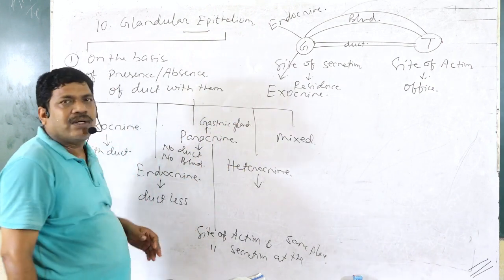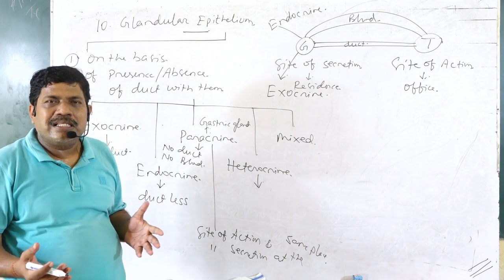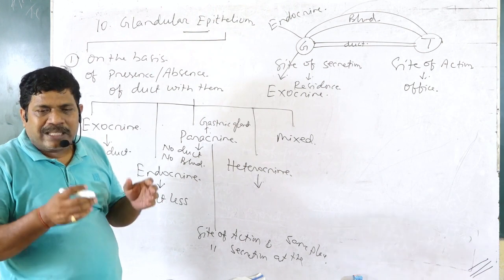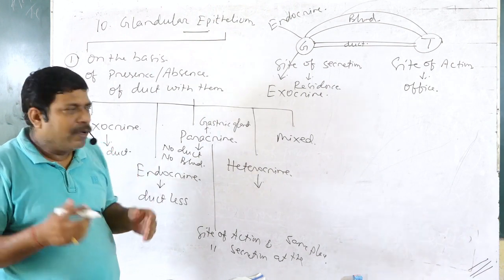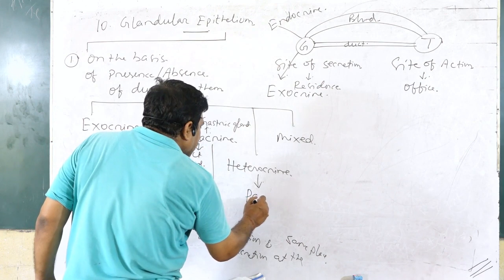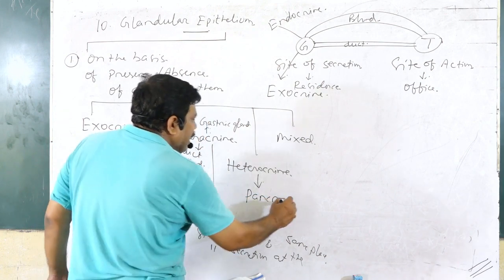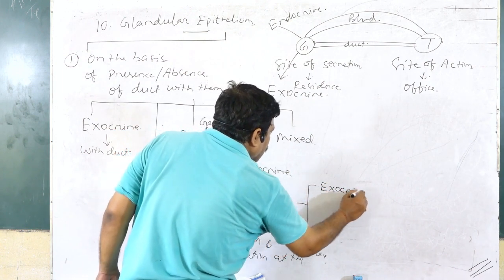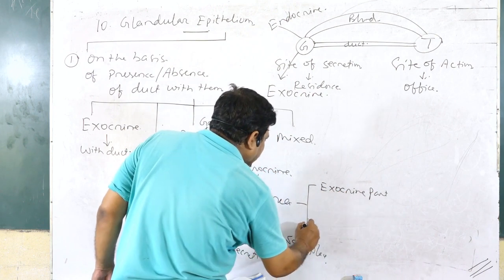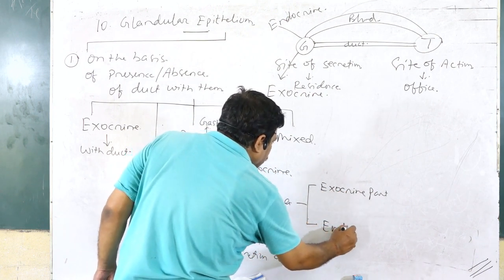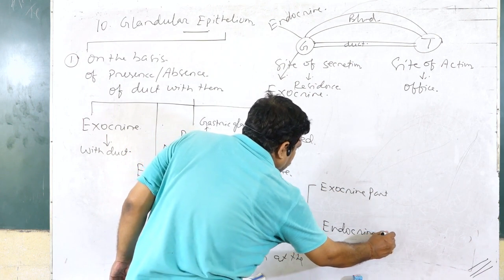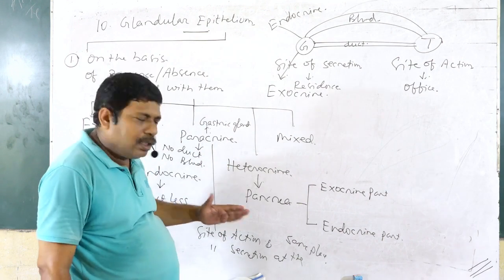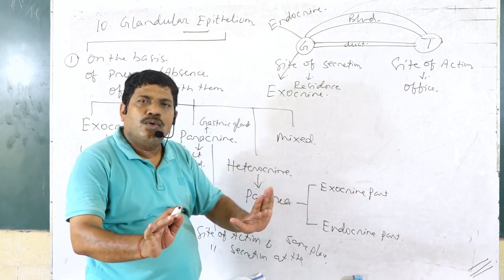Heterocrine is both duct and blood. Your pancreas has an exocrine part and also an endocrine part. The exocrine part is with a duct, the endocrine part with blood.